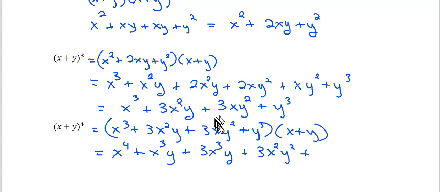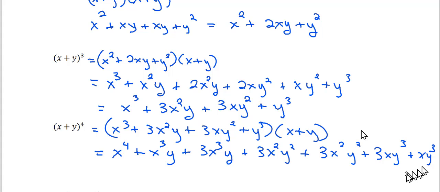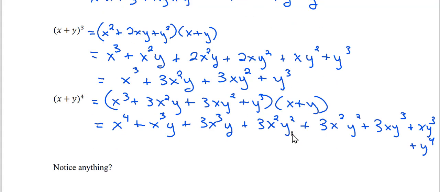Now let's take the 3xy squared to each. It'll give me 3x squared y squared plus 3xy cubed, plus xy cubed, when I take the y cubed to the x, plus y to the 4th, when I take the y cubed to the y.